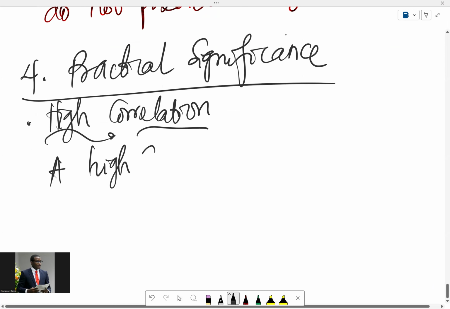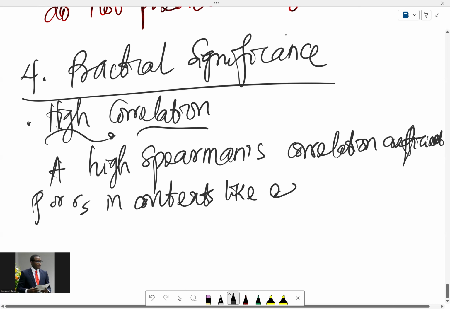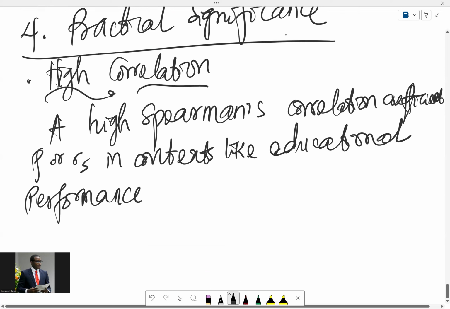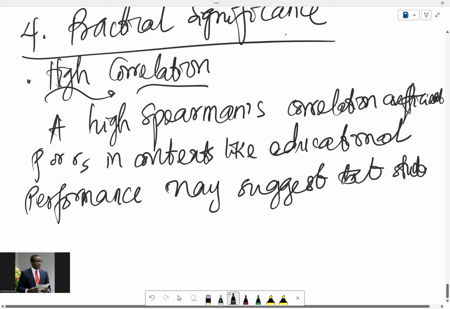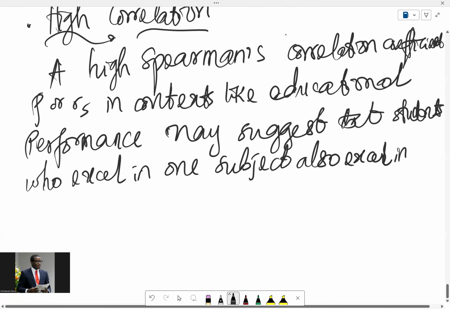A high Spearman's correlation coefficient, rho or rs, in contexts like educational performance, may suggest that students who excel in one subject also excel in another.